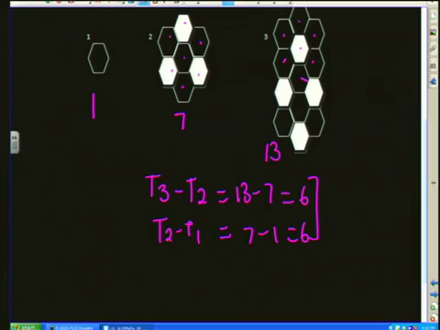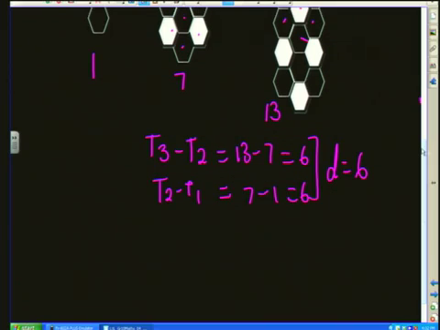So I have a common difference of 6. Now, what are they asking us to do? They're saying how many. We know this pattern is going to continue all the way to pattern 10, so they want to know how many of these little hexagons we expect to have in pattern 10.